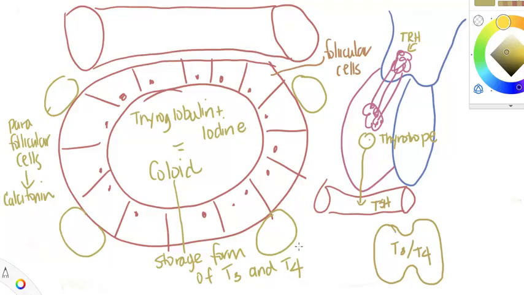Inside the follicular cell is where we make thyroid hormone. The components are made in here and then are released back into the bloodstream when they're secreted. All right, so let's talk next about how thyroid hormone is made.